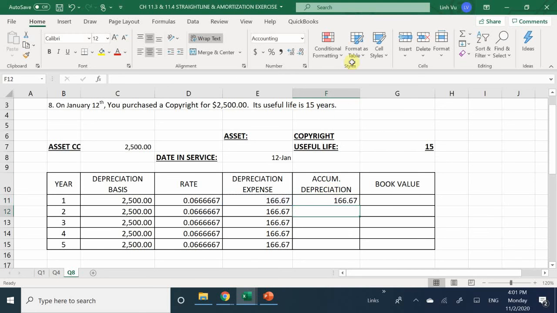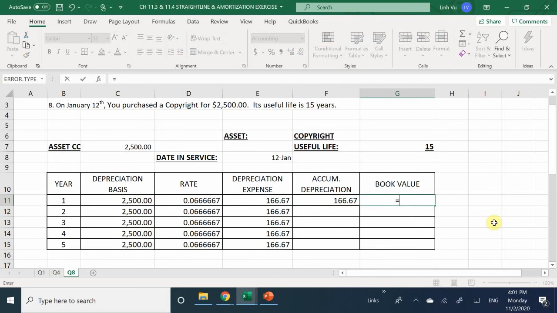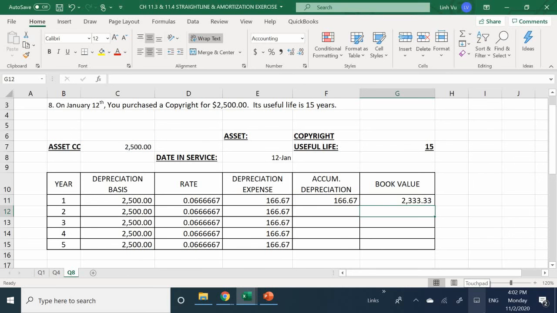So that makes my book value the 2,500 minus the 166.67, a total of $2,333.33. Perfect.